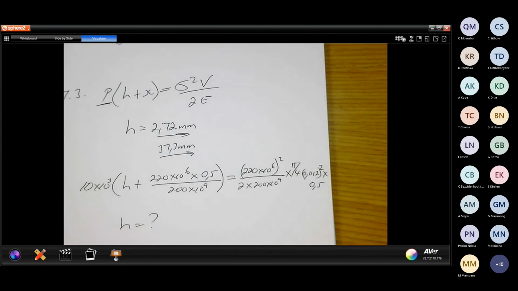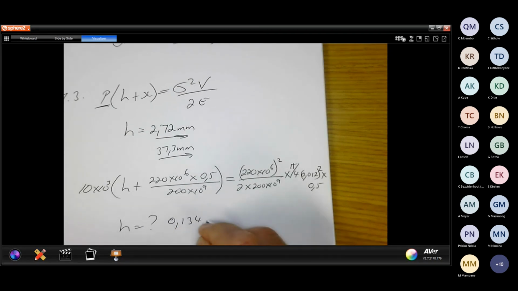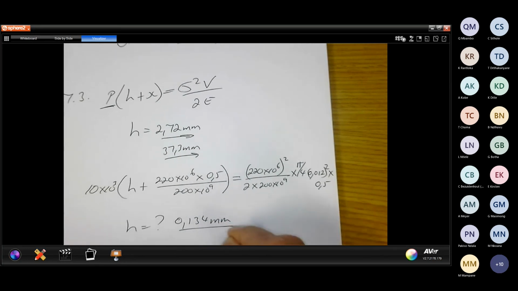So I got, yes, 0.134 millimeters. Come again? 0.134 millimeters. Thank you. At last.